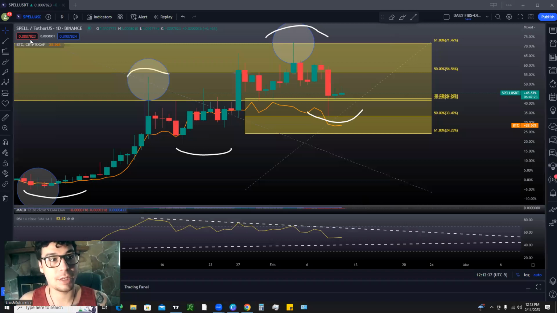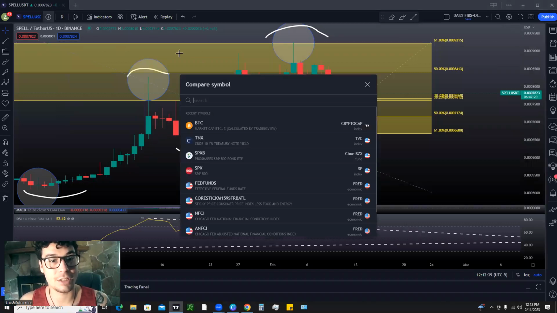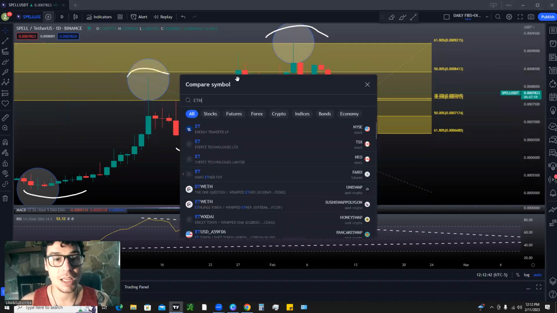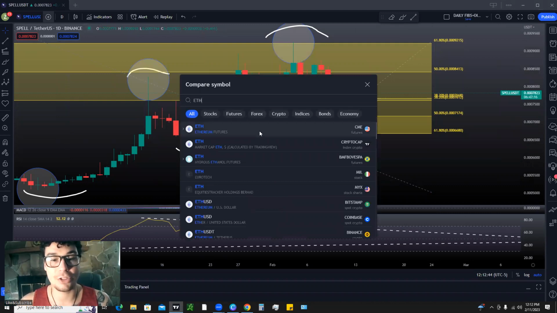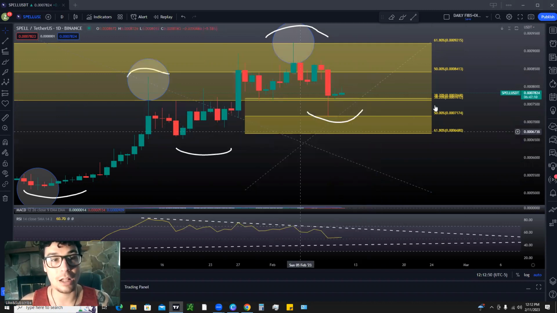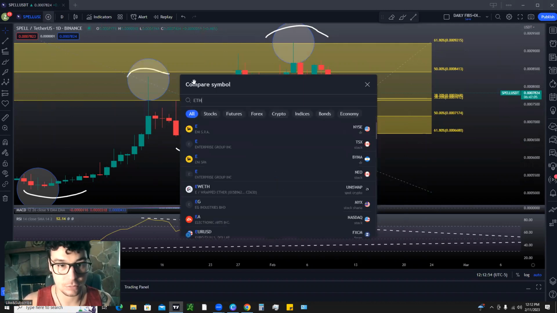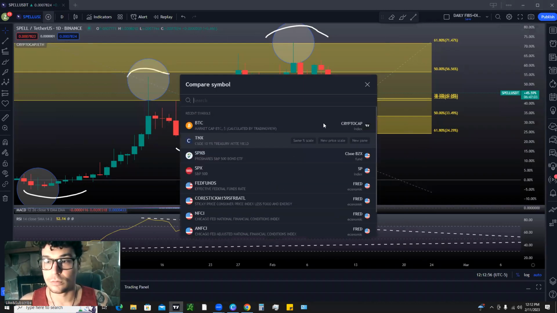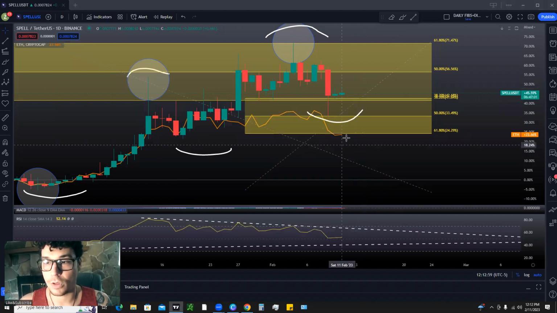Now, we can also come in here and slap on Ethereum and compare it to Spell and see how Ethereum has been doing. So Ethereum is only up about 23%, while Spell is up 45%.